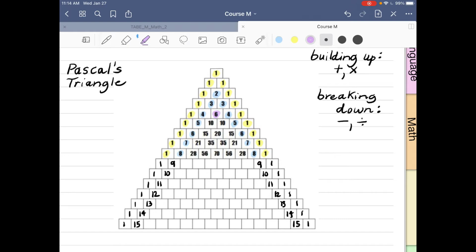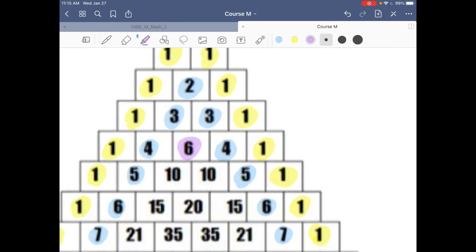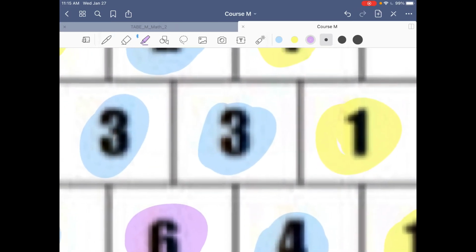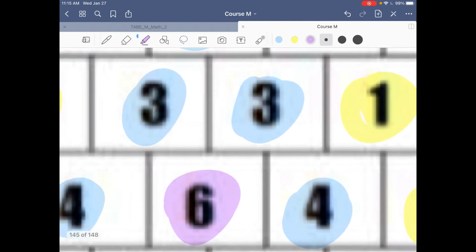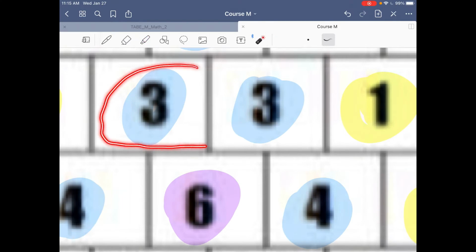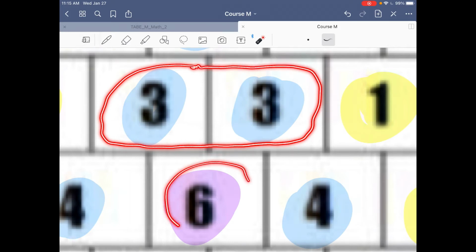I'm going to show you another way to get your numbers, and I need to zoom in here on that 6. Now looking at that picture, I see where the 6 is coming from. I'm building up, so if I add 3 and 3, I get the 6. 3 plus 3 is 6.